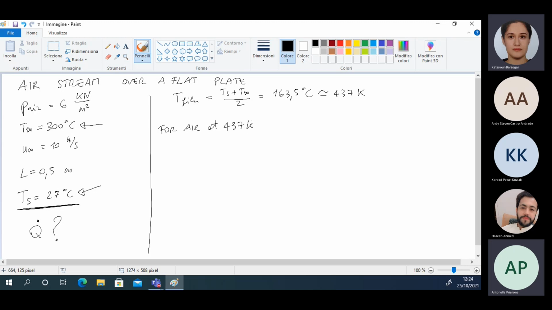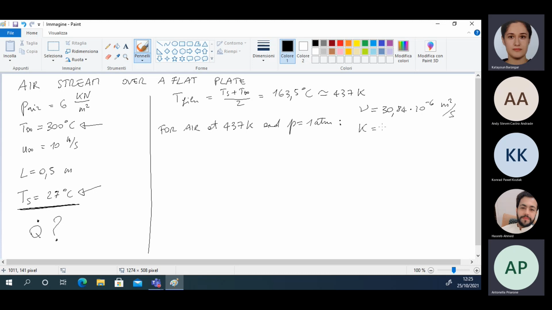at 437 Kelvin, and this exercise, have you already done it with Marchitto, this identical exercise? Probably. And P equal to 1 atmosphere, which are always the same. The kinematic viscosity is 30.84 times 10 to the minus 6 square meters per second.